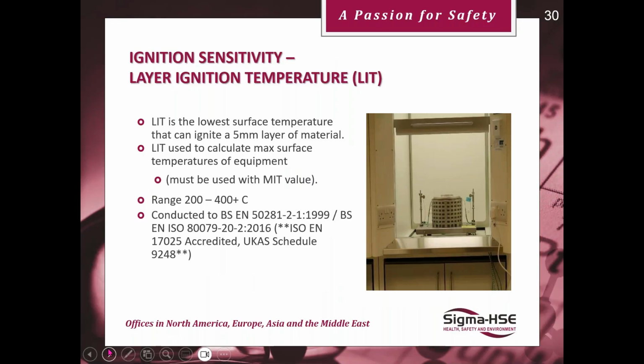It was decided within Europe that 5mm is more than enough to be allowed on any piece of equipment. For me, it's at least 5mm too much. The LIT is used to calculate the maximum surface temperature of the equipment. It must be used with the MIT. The value of the furnace or the hot plate here is 200 to 400 degrees.